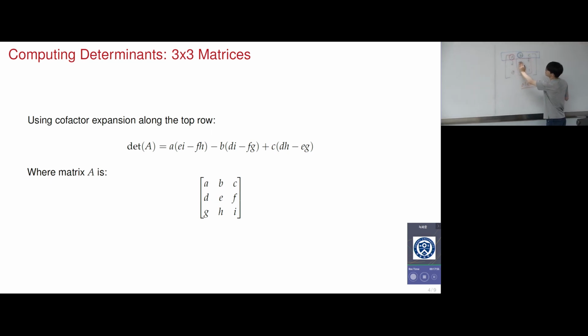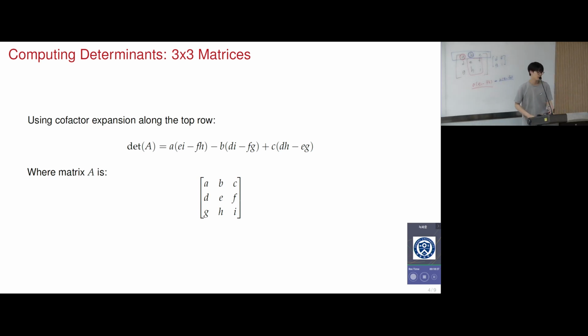You assume that E and H are not here, and you're doing the 2 by 2 determinant for D, F, G, I. So you're assuming that the middle column is not there, and you're doing the 2 by 2 matrix for D, F, G, I. That's why you get the second term, B times DI minus FG, right? And then you just subtract it, okay? Subtract them.